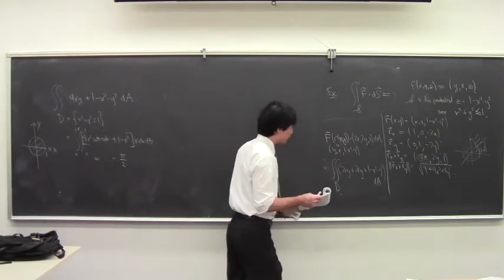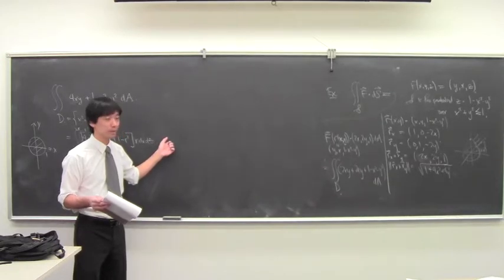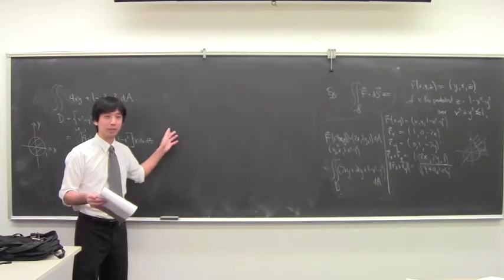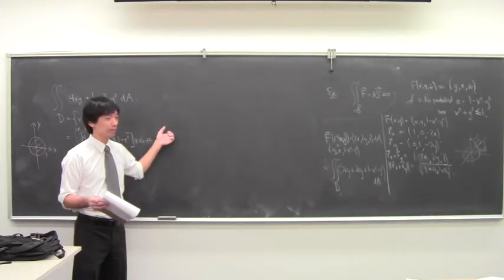Okay. So I don't think there's anything too hard here. It's just remembering what things mean. If somebody says, I'm going to integrate this field over the surface, you say, okay, what does that mean?